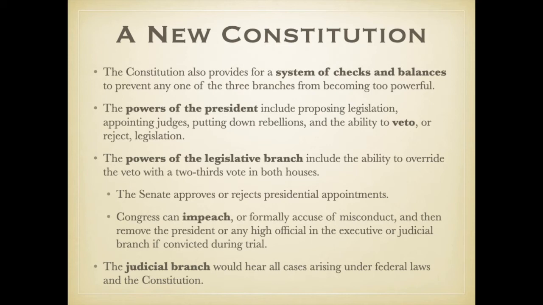The Senate approves or rejects presidential appointments. Congress can impeach, or formally accuse of misconduct, and then remove the president or any high official in the executive or judicial branch if convicted during trial. The judicial branch would hear all cases arising under federal laws and the Constitution.